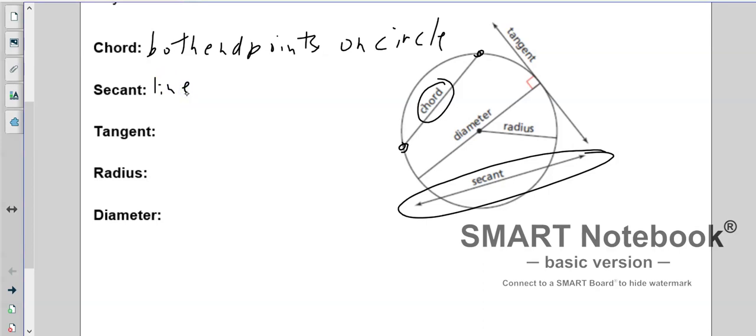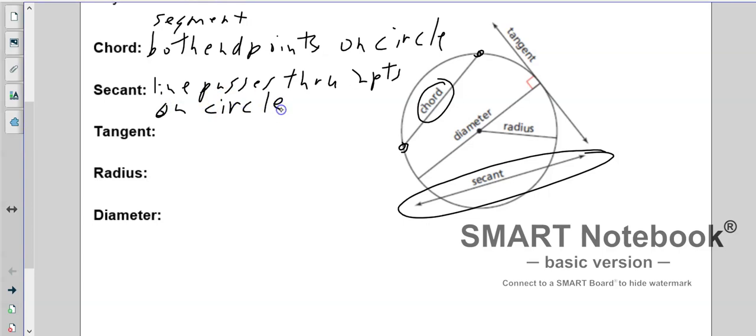The secant, that's this right here. It's a line. Oh, I forgot to say the chord is a segment. Sorry. So it starts and ends on the circle. The line for the secant passes through 2 points on the circle, so right here and here.